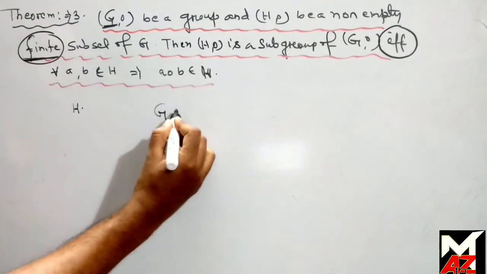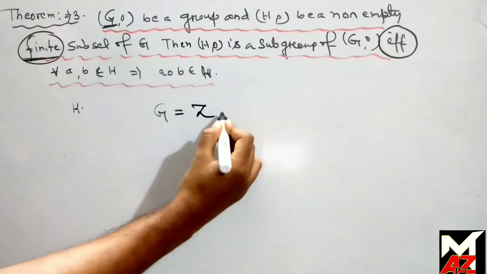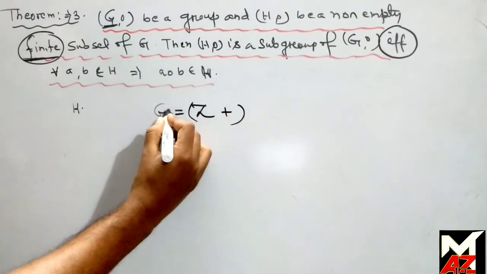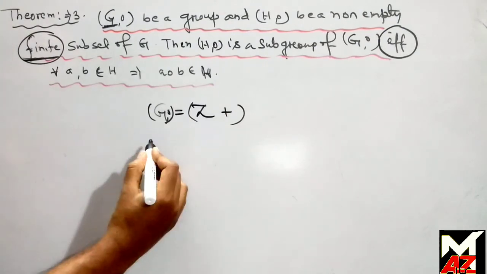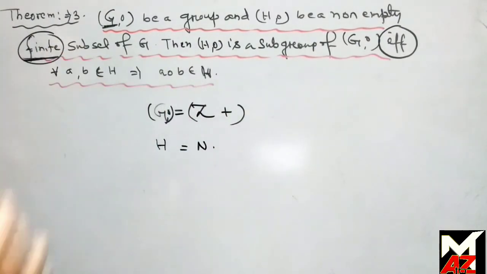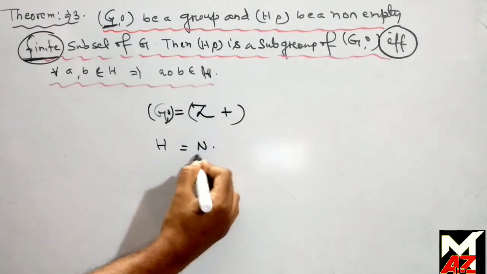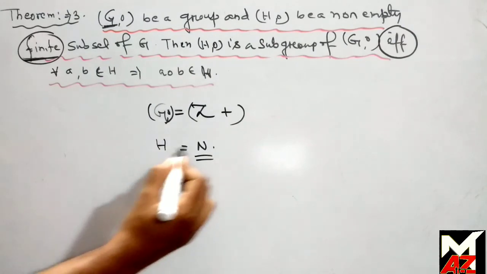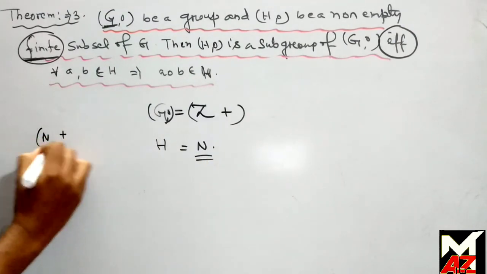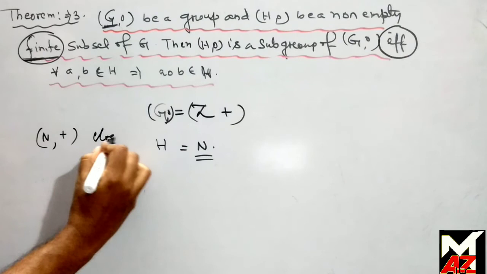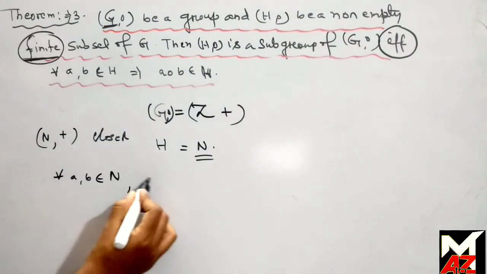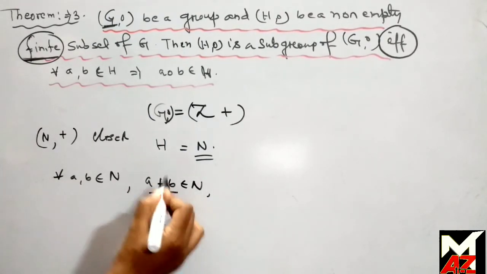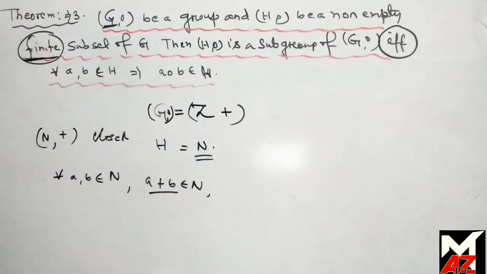If we consider G as Z with respect to plus, that is G circle is equal to (Z, plus), and if we take H equal to N, the set of natural numbers, which is obviously an infinite set, then with respect to plus, N is closed, because we know that for all A, B belongs to N, A plus B belongs to N. Addition of two natural numbers is also a natural number.